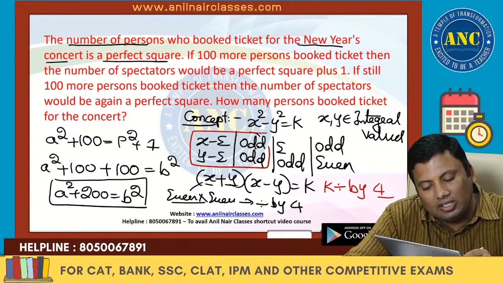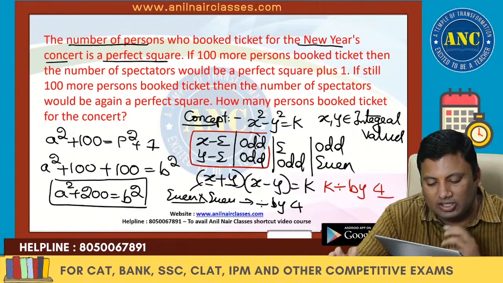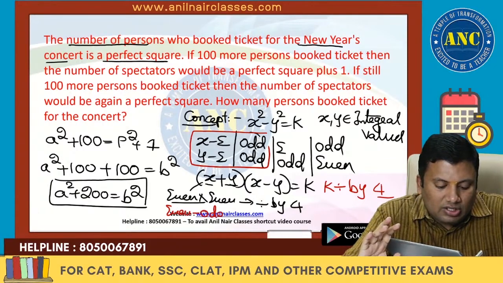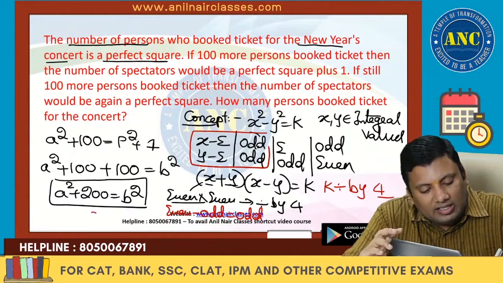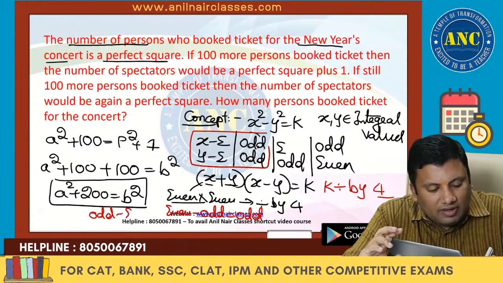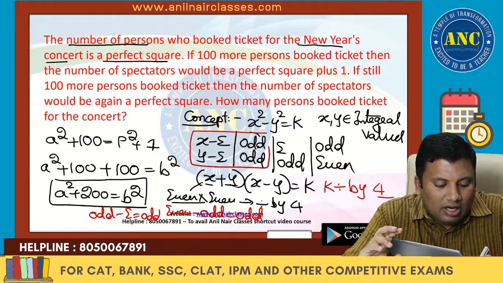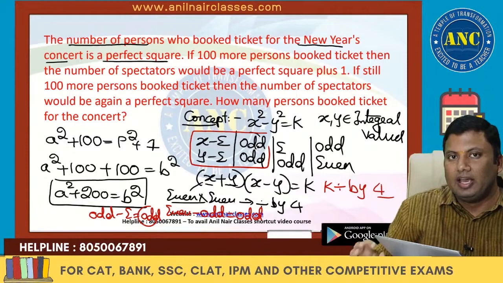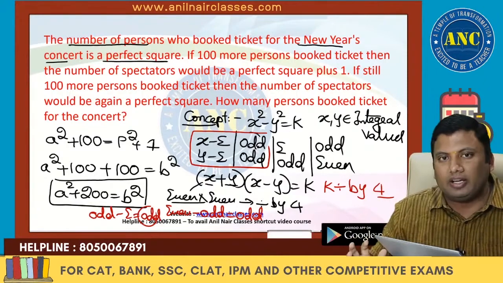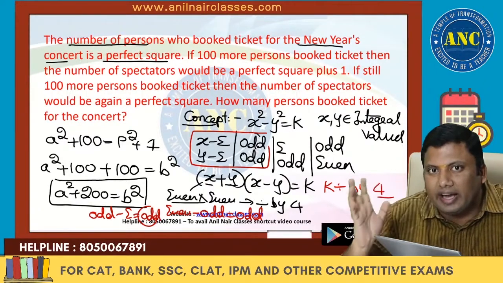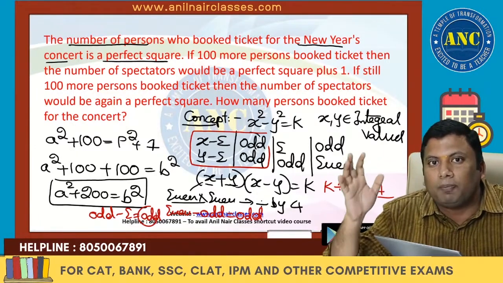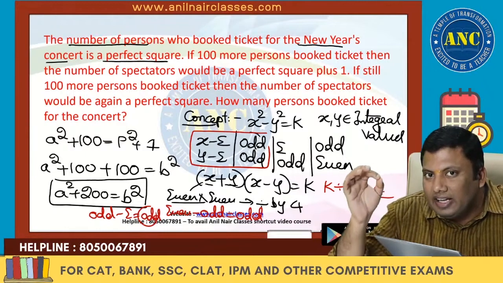If x is even and y is odd, even square minus odd square, that is even minus odd, is odd. If x is odd and y is even, odd square minus even square is an odd number. That means x square minus y square equals k has integral solutions only if the right-hand side is a multiple of 4 or an odd number.